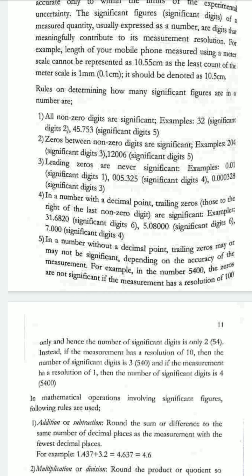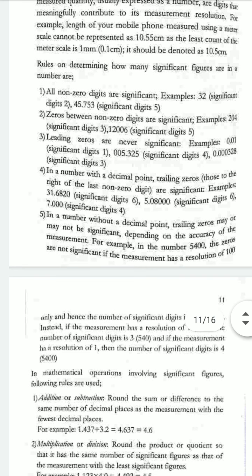In this example 31.6820, there are 6 significant digits. Another example, 5.08000: all the trailing zeros are significant, so it has 6 significant digits.